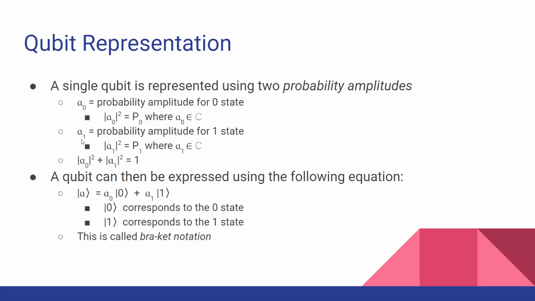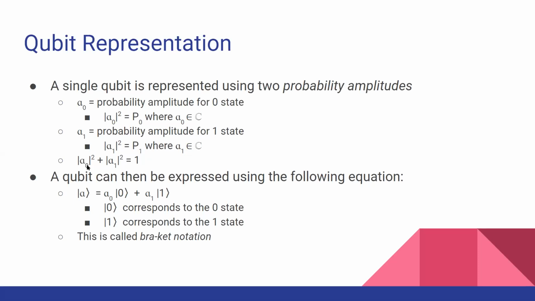Then alpha 1 does the exact same thing, except this time it represents the probability amplitude for the 1 state. If we take the magnitude squared, we get the probability of measuring it in the 1 state. What's important here is that the magnitude of alpha 0 squared plus the magnitude of alpha 1 squared is equal to 1, because there are only two possible states that this qubit can be in.